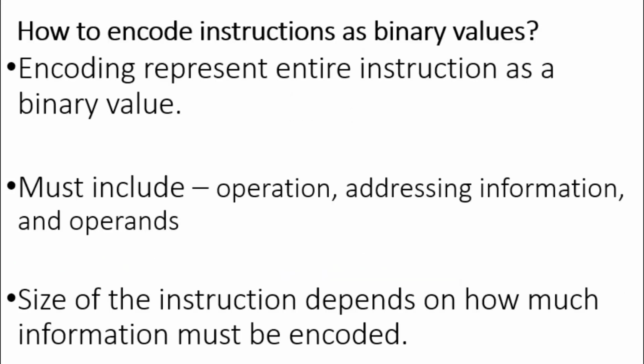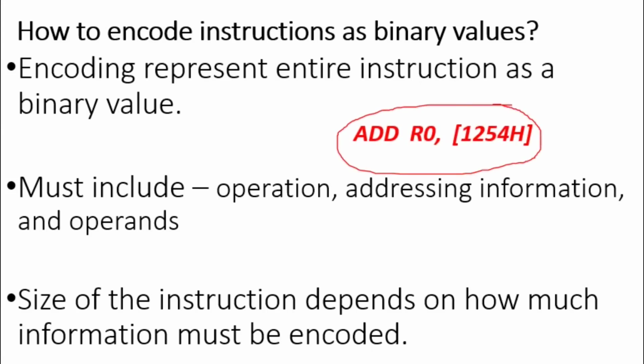What is the mechanism to convert an assembly language instruction into binary values? It depends on the processor. Here, for example, I have an instruction add. I am trying to add the R0 register value to a value present in a memory whose address is 1254H.